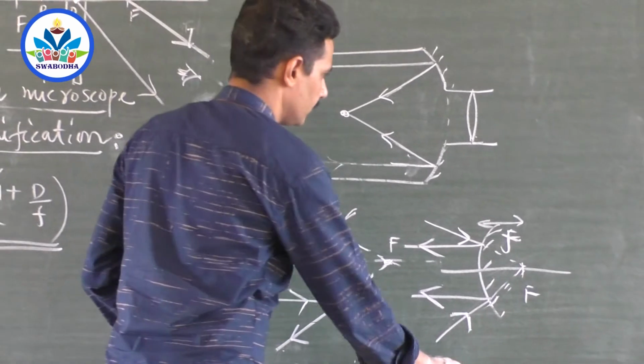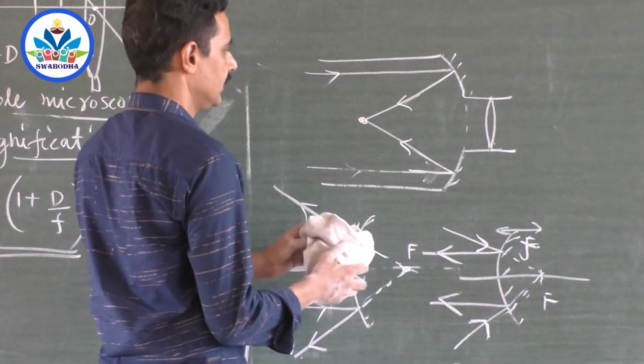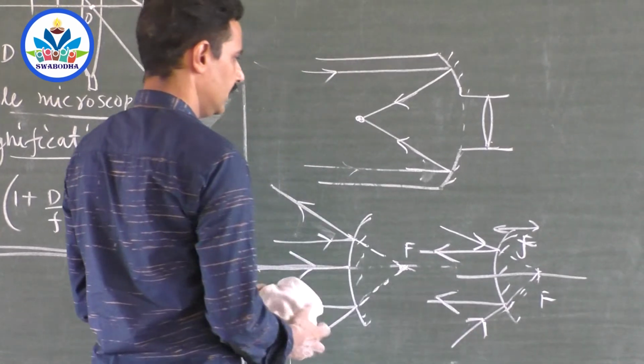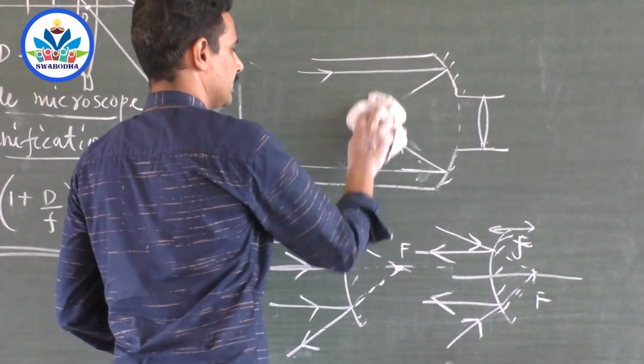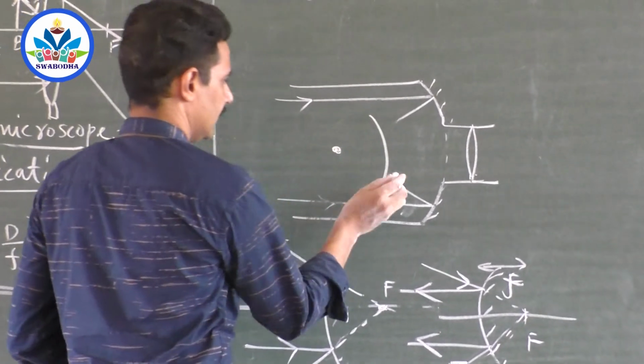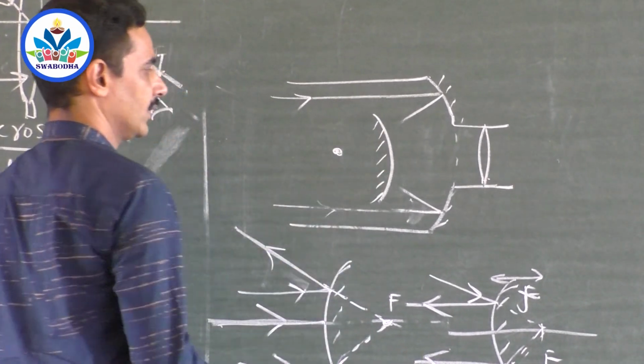Now what I will do is, of course, I don't keep the mirror in such a way that they become parallel. I will keep a convex mirror in such a way that even a convex mirror can produce converging rays.